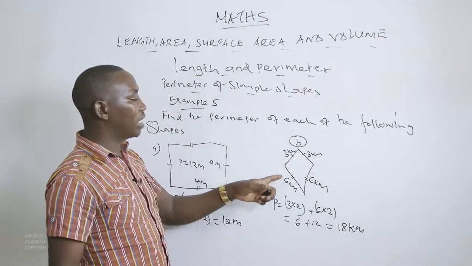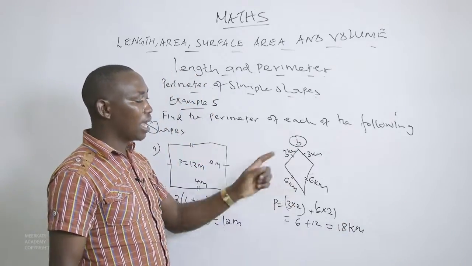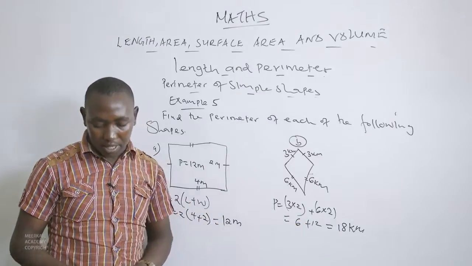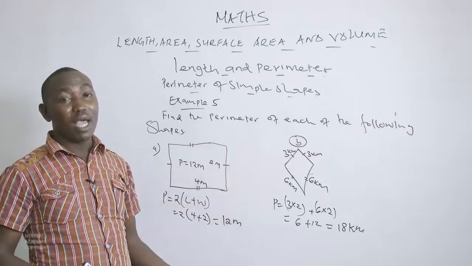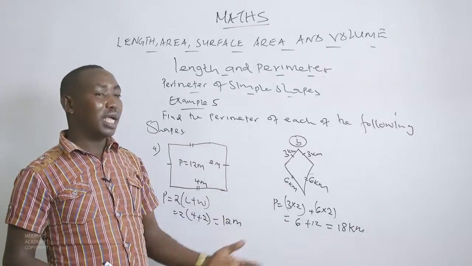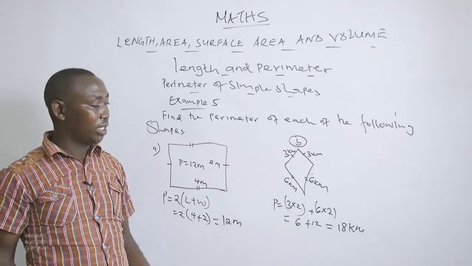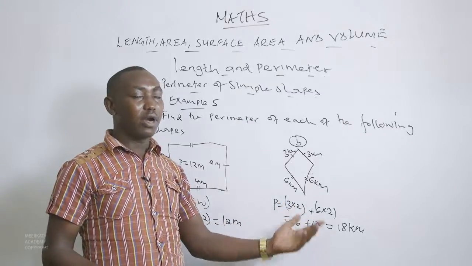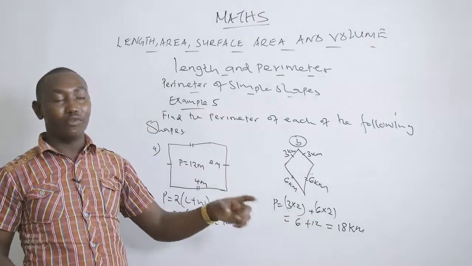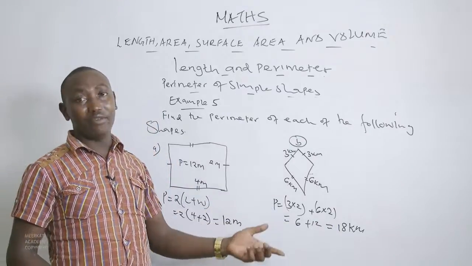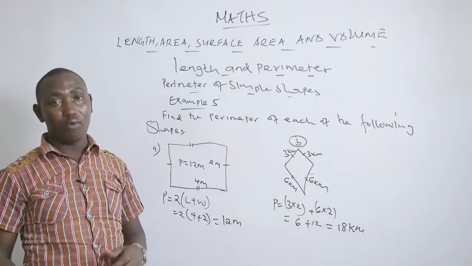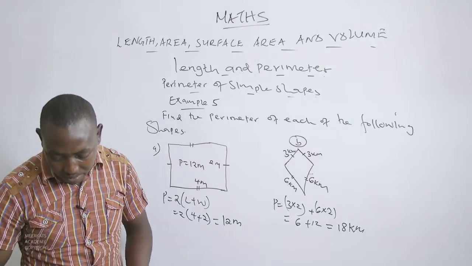So going around this kite, it will give us a distance of 18 kilometers. And sometimes you can be asked to find the perimeter in a different unit like meters or centimeters. So that means you have to convert the units from the one you have to the one that the question requires you to find.